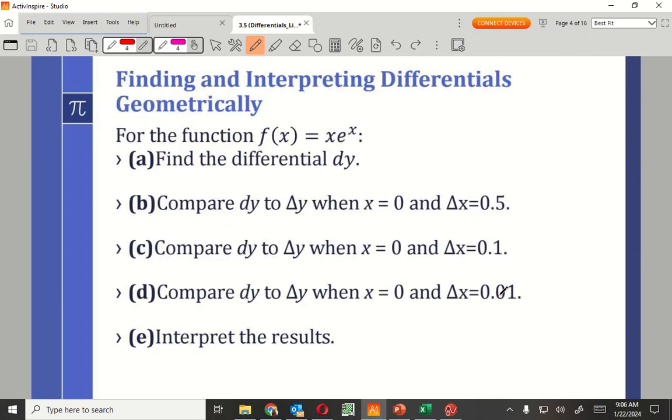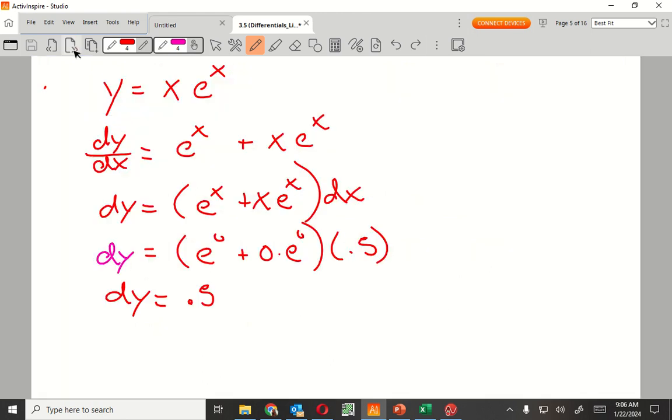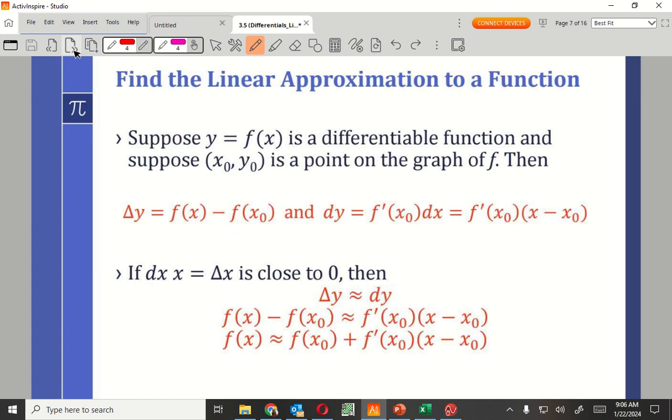So we're approximating this by plugging in numbers as we get closer and closer. What we're doing here is the exact same thing that we just did. So we're finding the slope formula.